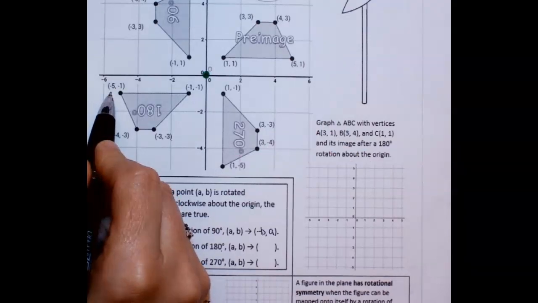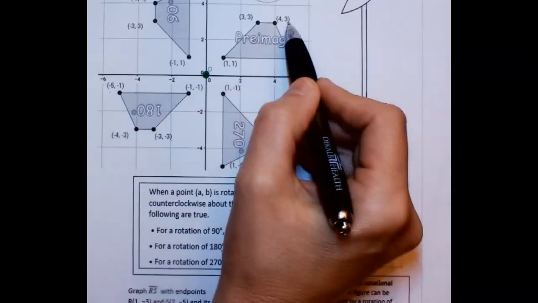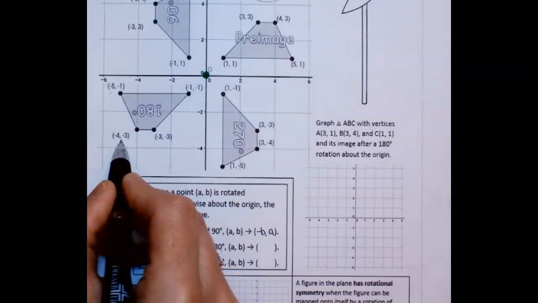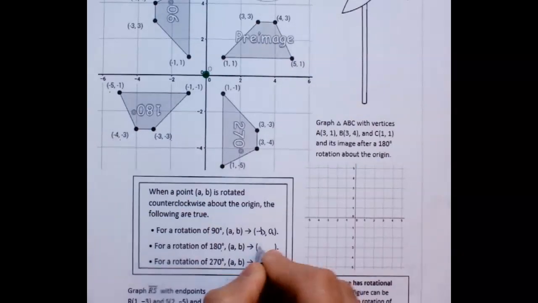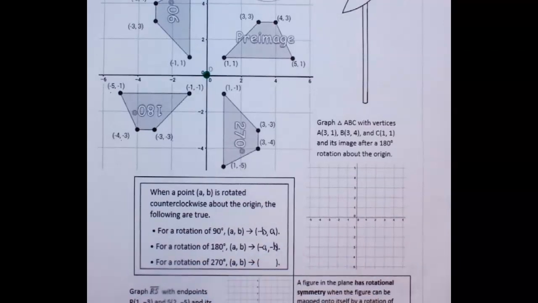So in that particular case, these values didn't change, but they did change signs. Let's look at one more. 4, 3 became the point negative 4, negative 3. So that means down here, we end up with the point negative A, negative B. And for your quiz, you're going to be allowed to use this. So just make sure you've got filled in what the rules are.